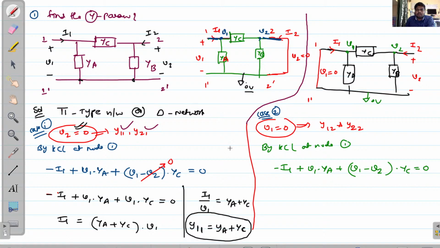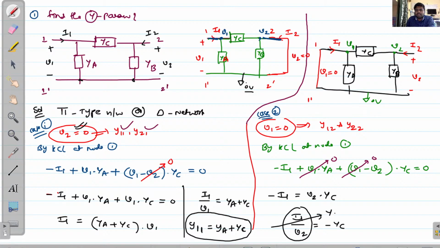According to our assumption, V1 should be 0. So we will get minus I1 equals V2 into YC. Now I1 by V2 equals minus YC. But you already know I1 by V2 is Y12. Now what you will get?